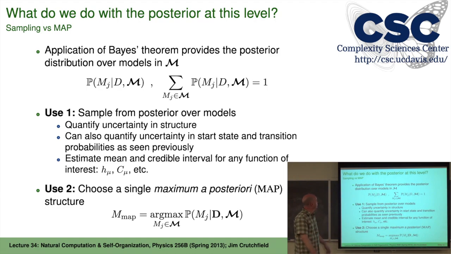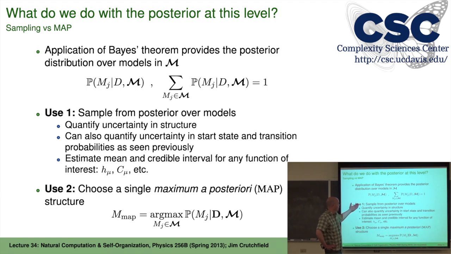So what do we do with this posterior once we have it? Again, we have a probability of each topology given the data and the set that we've considered, whatever set we've chosen. This is a normalized thing, so there's a variety of things that we can do with it. The way I would tend to use it, though it is more computationally intensive, is to use the whole posterior over all models.